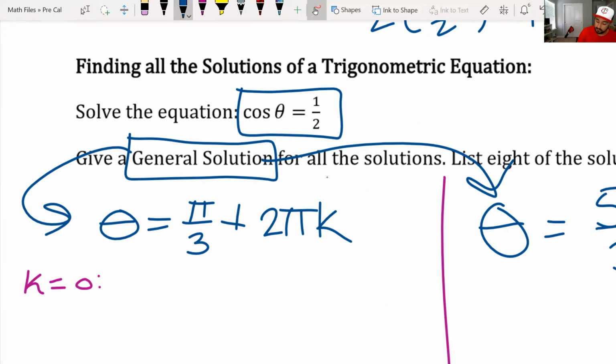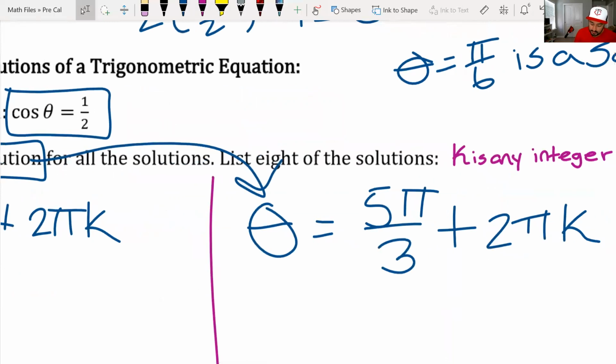This means that if k is 0, you plug in 0 for that k, and we get theta is equal to pi over 3. Same thing over here. If k is 0, then theta equals 5 pi over 3. Look at that. 2 solutions so far.